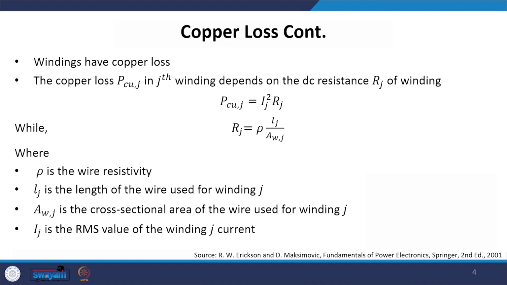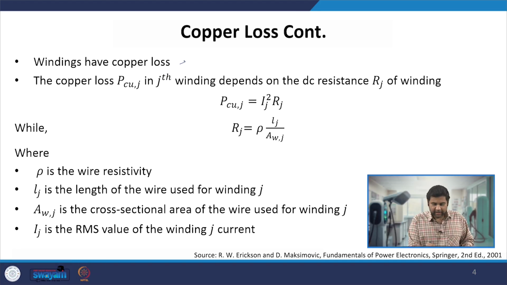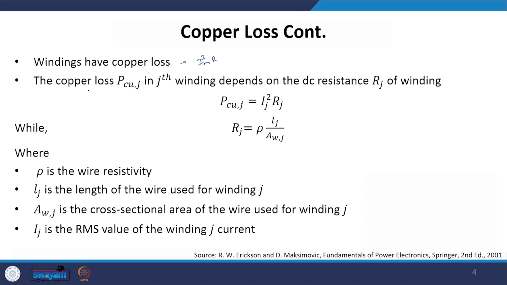Then, if we try to define the copper loss, we know that the windings have copper loss, and that can be defined as I square RMS times the resistance of the winding. So we can write the copper loss in the jth winding depending upon Rj, which is the resistance of that jth winding.